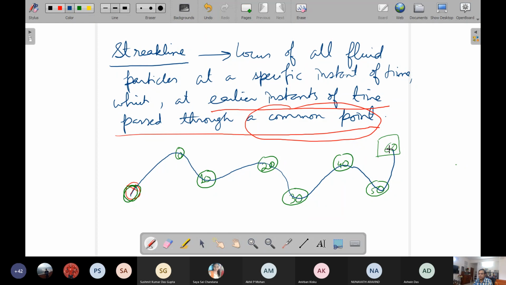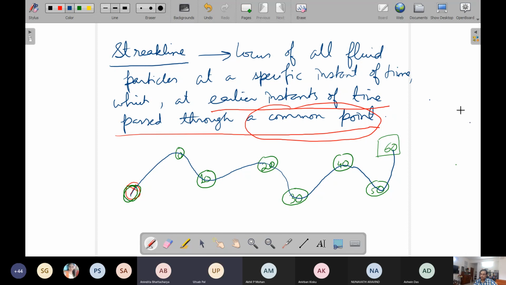What is the similarity in the concept of streamline and streak line? Can any one of you say what is the similarity? I'm not talking about dissimilarity. We are trying to capture at an instant of time.